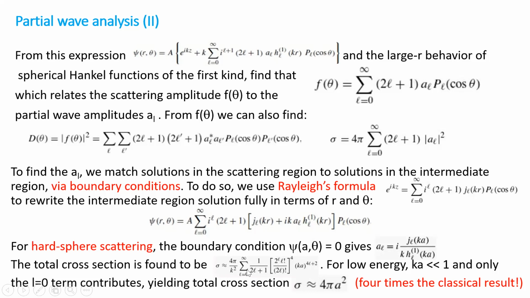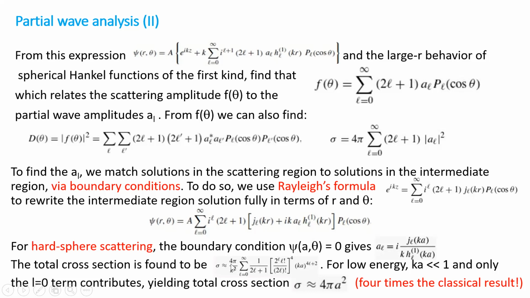So if we just take L equals 0, we have 1 over 2 times 0 plus 1, or 1 over 1. 2 to the 0 is 1, 0 factorial is 1, and then we have Ka squared, because L equals 0.